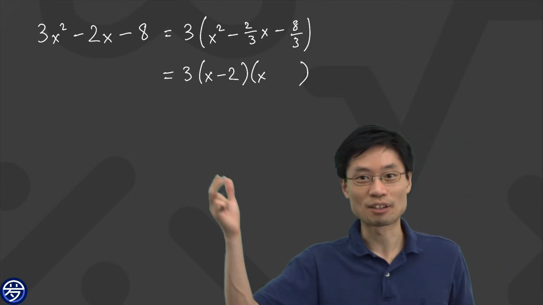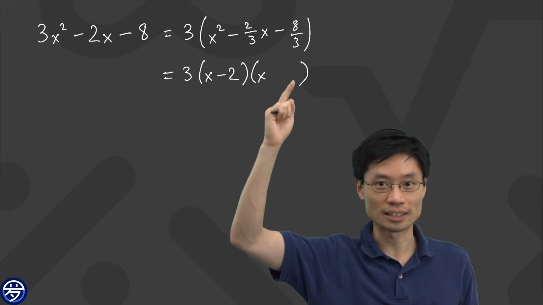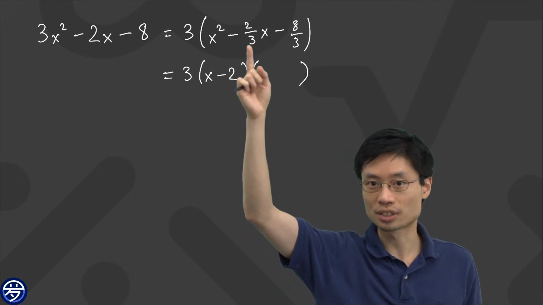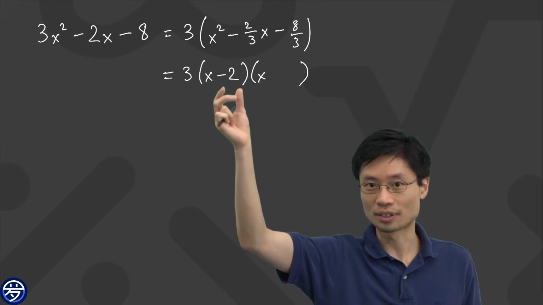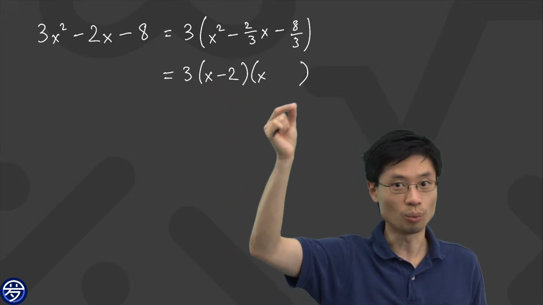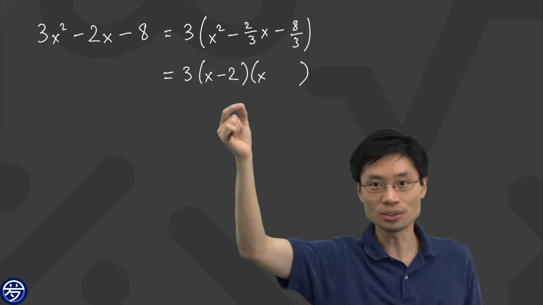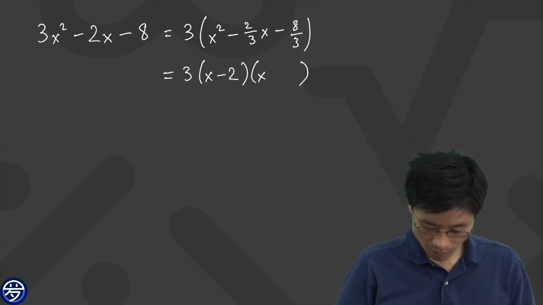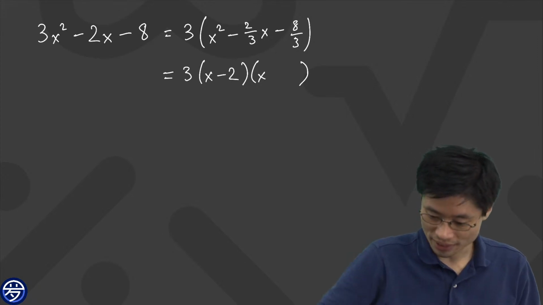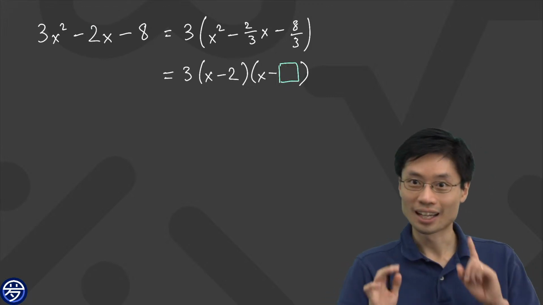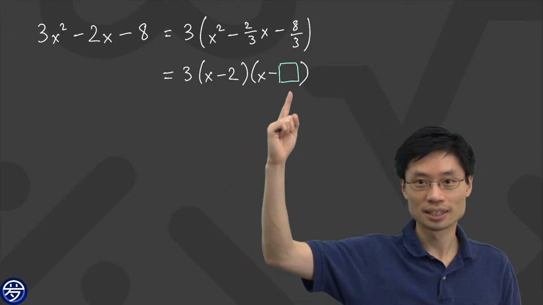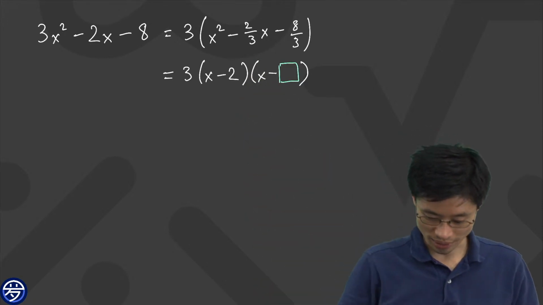And if I want to know what becomes the coefficient of x, it was x times whatever that is, minus 2 times x. And that's going to give you this piece. In particular, I'm going to write it like this: x minus box. And something really important is that the 2 plus the box is equal to plus 2/3.